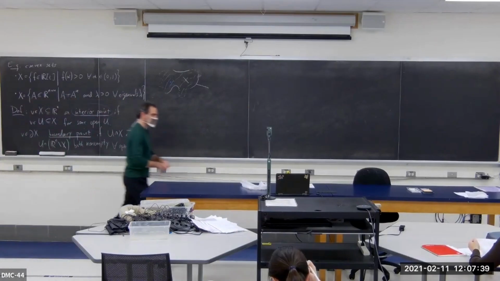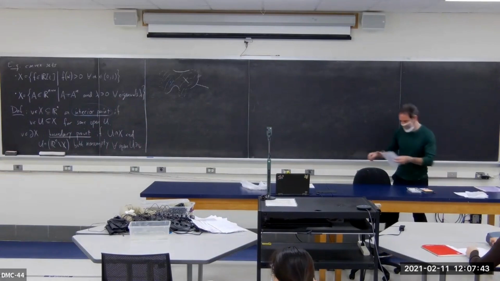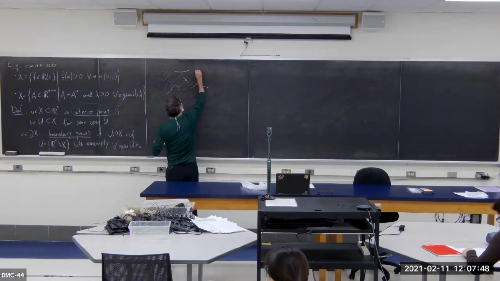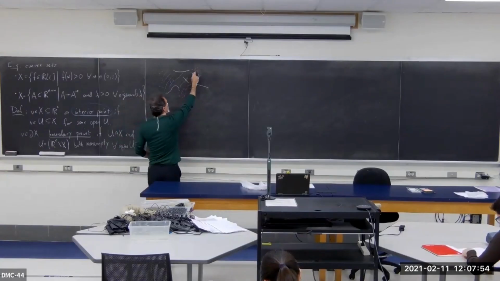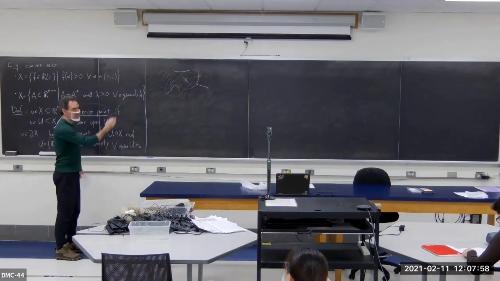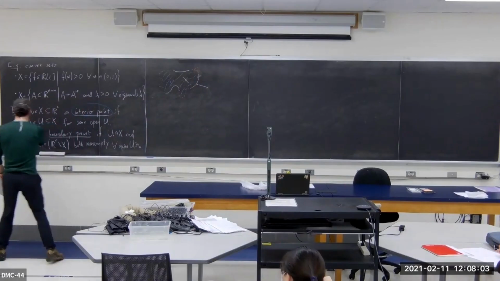So the point here is that I'm looking at some point on the boundary, let's say up here. If I take any open set, then it intersects both X and not X. Now, it's not important that this point be in X. I just said that this is a boundary point.